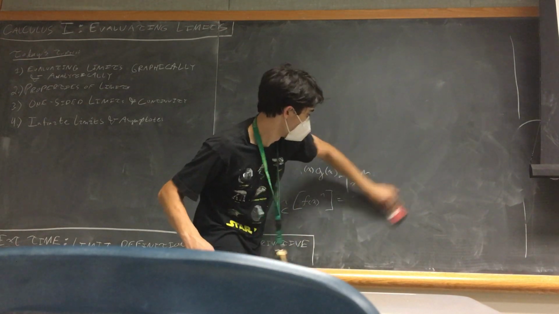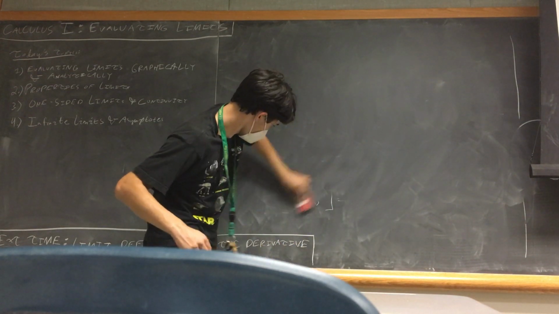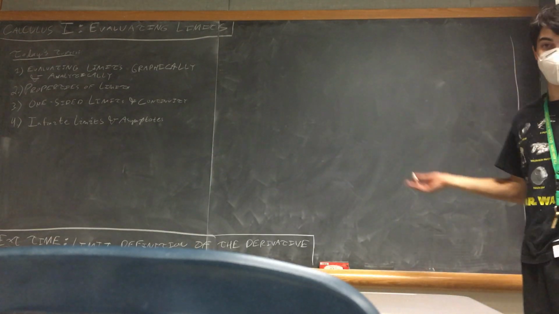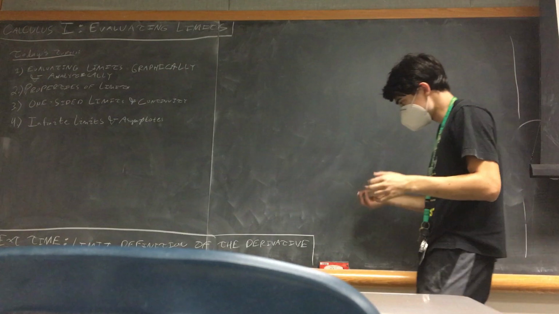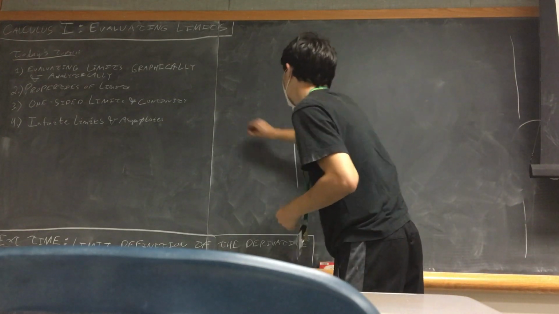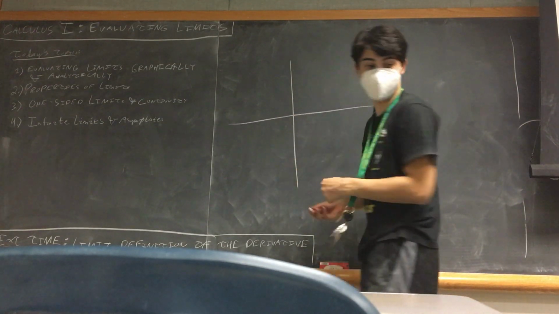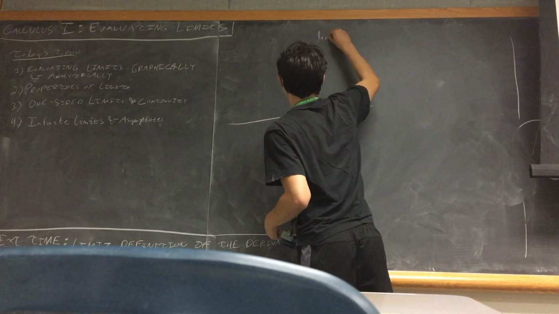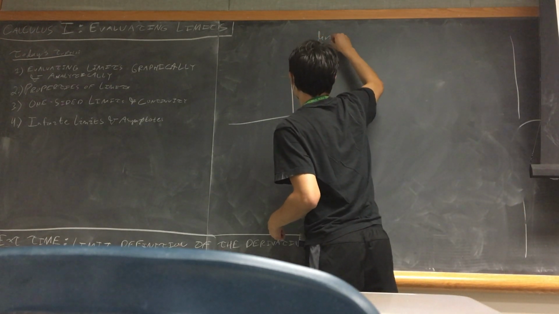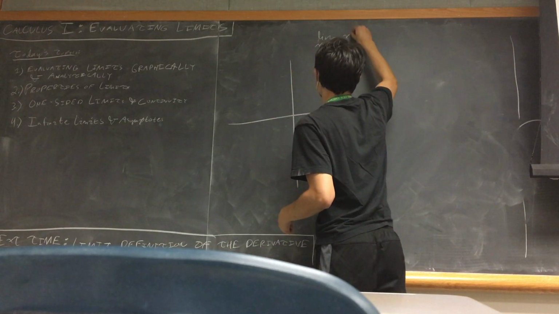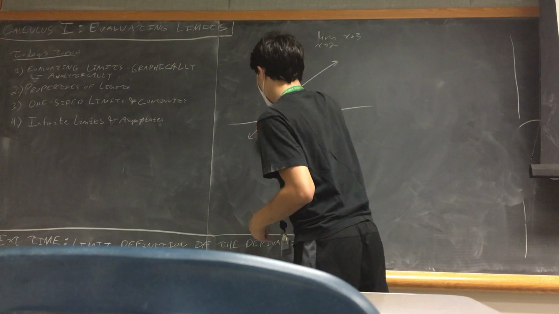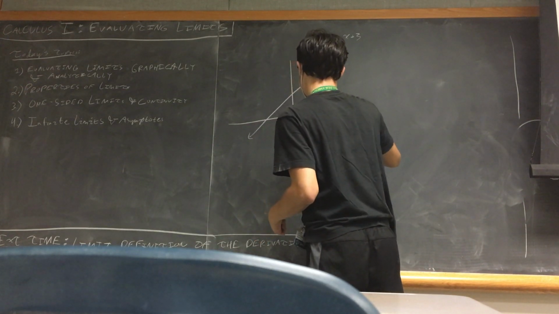So, I'm going to start with a couple of intuitive examples to show you that these properties work. Let's start with the limit as x approaches 2 of x plus 3. We look at x equals 2.